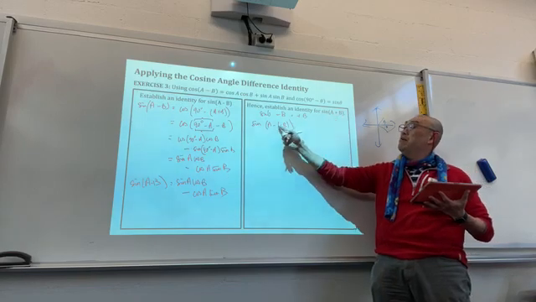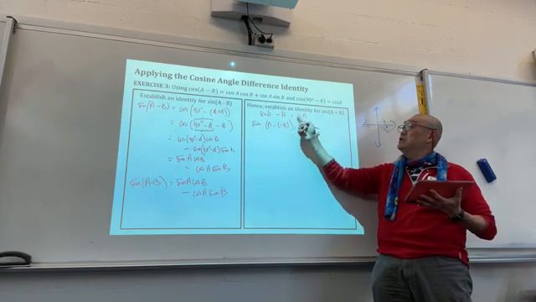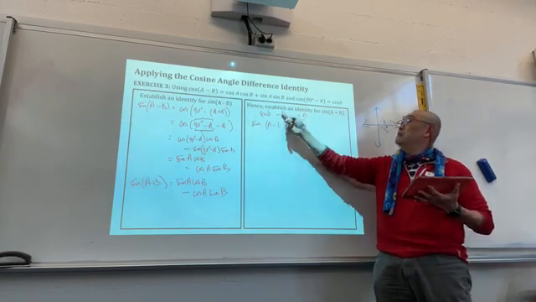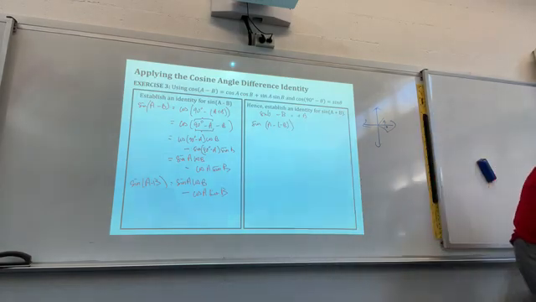A plus b is A minus b, correct? If I substitute b as minus b as plus b. So therefore, we now have sine A cos minus b minus cos A sine minus b.